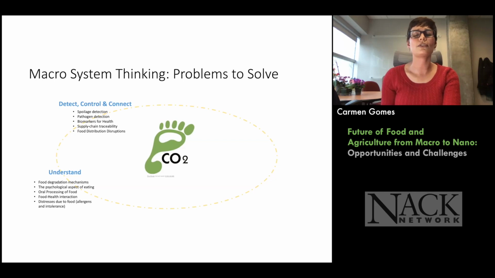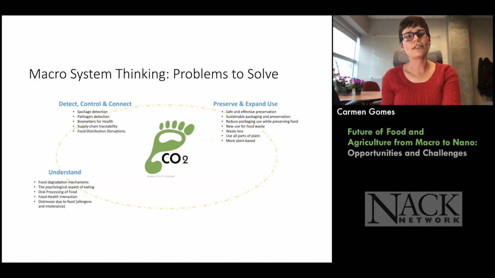Be able to detect, control, and connect, so spoilage detection, pathogen detection, biomarkers for health, supply chain traceability, food distribution and disruption. So again, many aspects, many components to a big problem, and by breaking it down into small chunks, we are able to tackle the problem and hopefully advance in solving it.